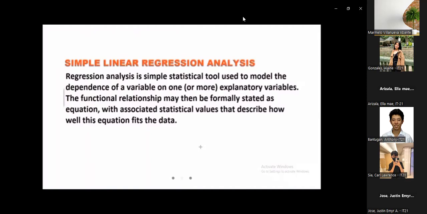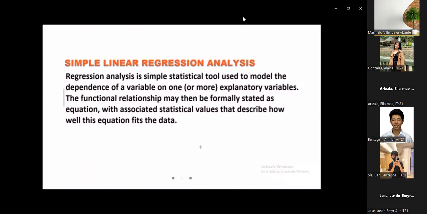So, the simple linear regression analysis, ginagamitan siya ng equation in order for us to predict the dependent variable. So, kung babalikan natin yung meaning ng linear regression, ginagamit siya para ma-predict yung isang variable.